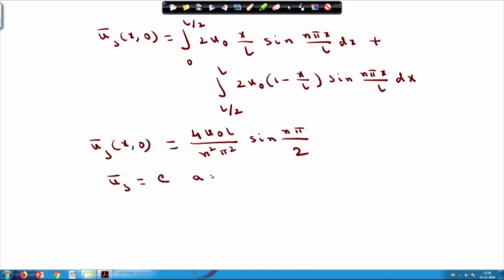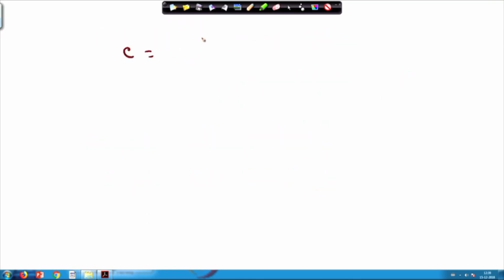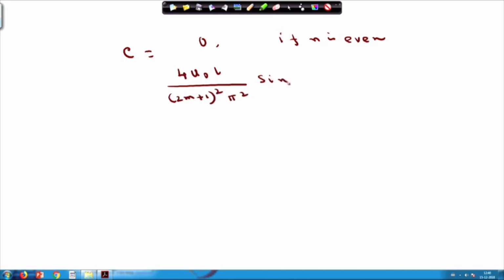And also your u bar s equals c at t equals 0. So, from these two I can tell that c is nothing but this quantity, and I can write c equals 0 if n is even, otherwise I can write it as 4 u 0 L by 2 m plus 1 whole square into pi square into sin of 2 m plus 1 into pi by 2 whenever n is odd.